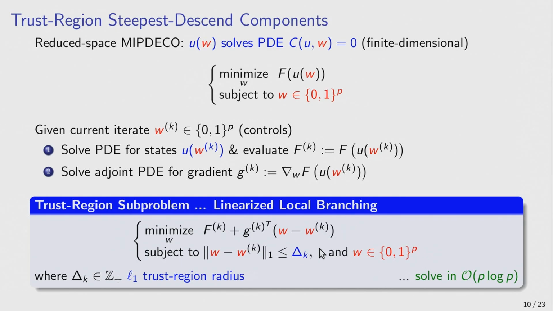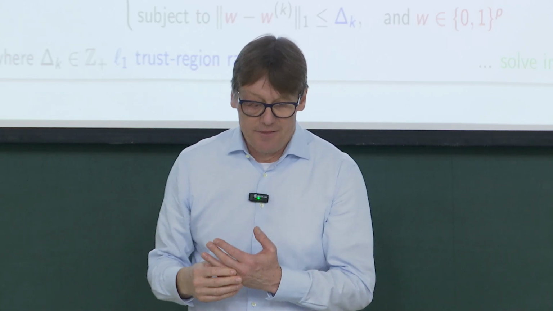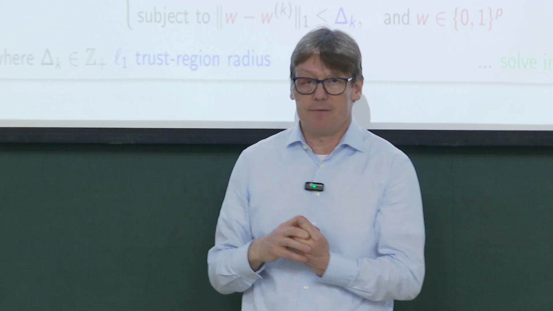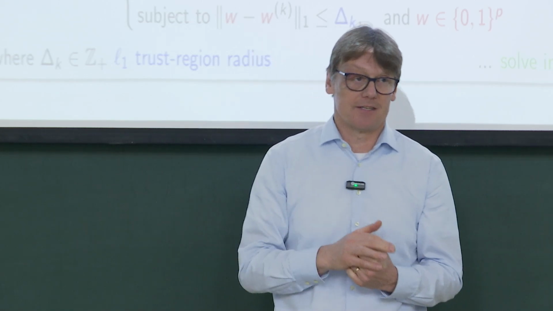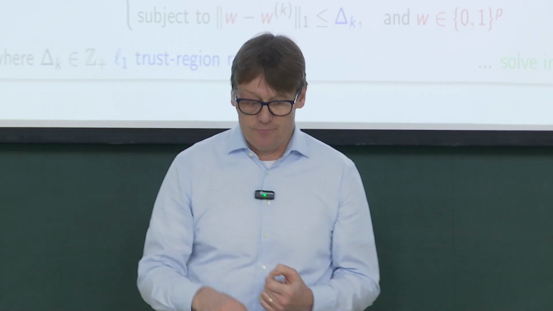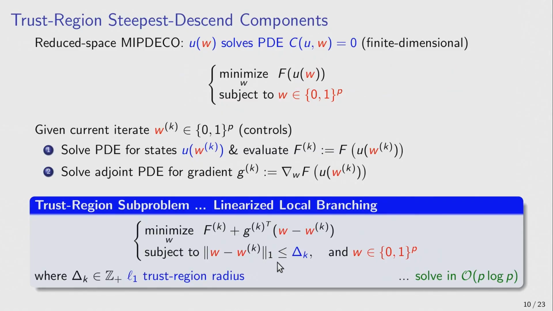And what I'm going to do is add a trust region to this. So I'm going to restrict the step that I'm going to take. The right trust region here turns out to be the L1 norm trust region, which is also the Hamming distance for binary variables. So this one norm trust region is a constraint on how many binary variables I'm changing from 0 to 1 or from 1 back to 0.